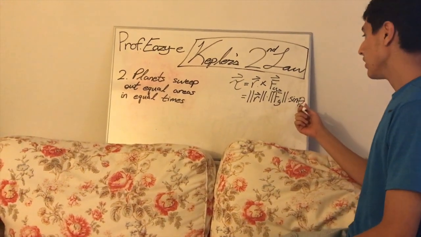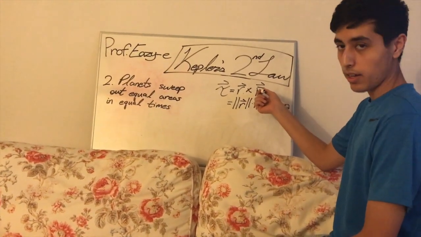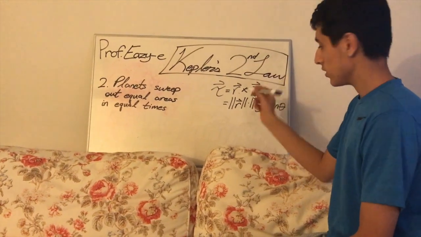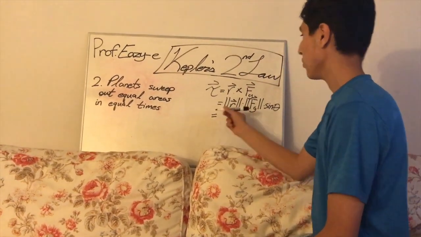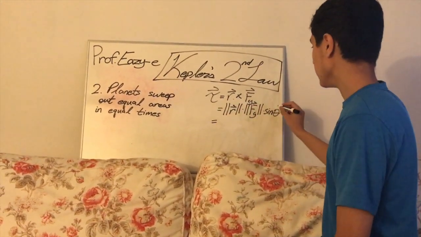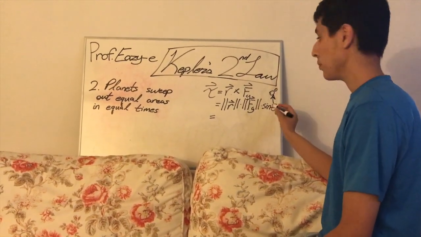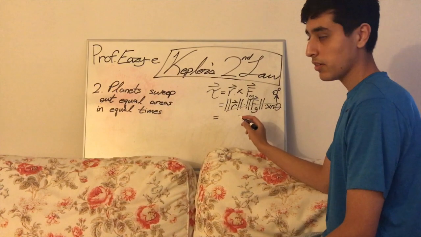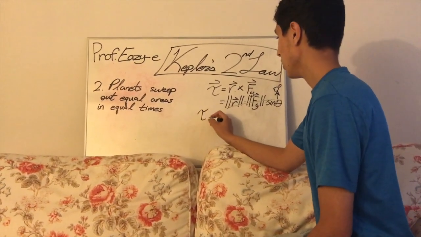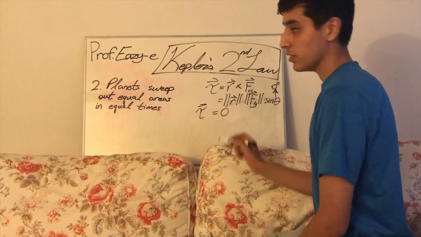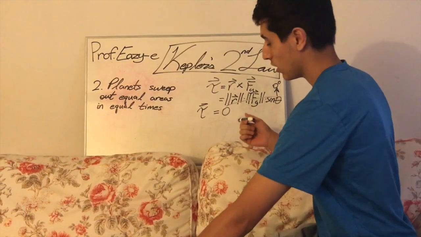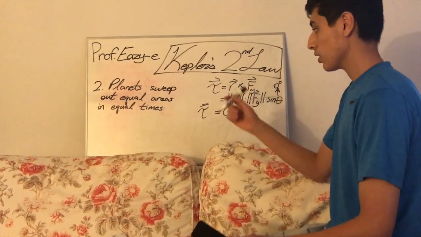In this case, theta is the angle between r and Fg, but since, as we stated before, both of them are parallel, theta would be 0 degrees, which means sine would be 0, which means this whole thing cancels out, which means torque is 0 as the planet moves around its orbit. So everywhere torque is 0.